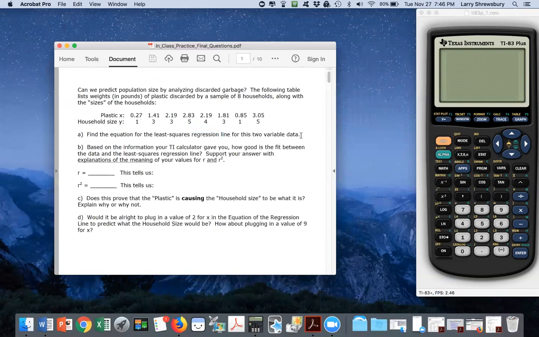So this is what you did back on exam 1. So let's turn this thing on. We'll press Stat, 1 for edit. And if I did have anything in the list, remember you highlight L1 and you press clear and then enter to clear the list. Well, let's go ahead and enter our data in.